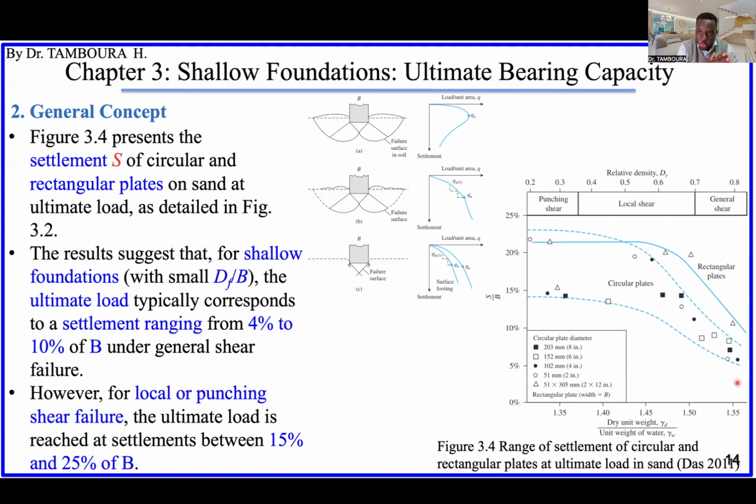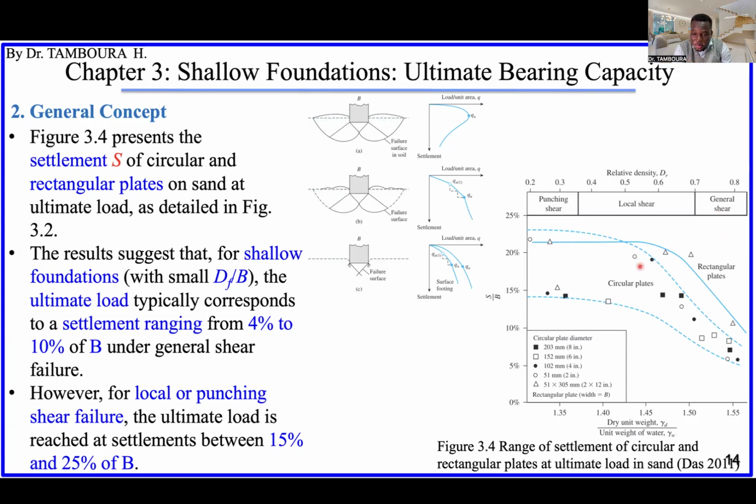So if your foundation is on dense sand, dense soil, which corresponds to general shear failure, then you can assume that the ultimate bearing capacity is obtained when the settlement, you understand what is settlement, right?